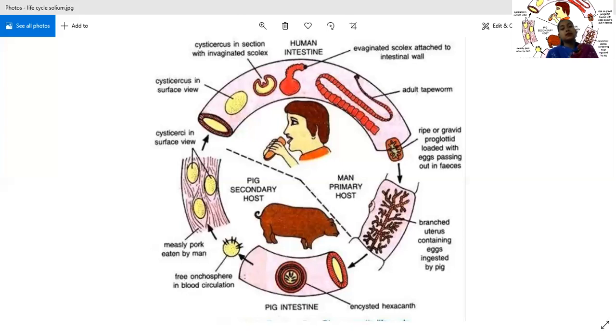Remember, cysticerci are too big to cross the bowel wall. They establish at small terminal vessels, brain, muscles, and eye, where they grow to about 1 centimeter in 2 to 3 months.